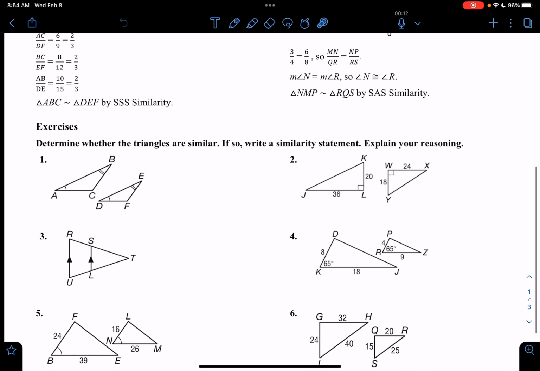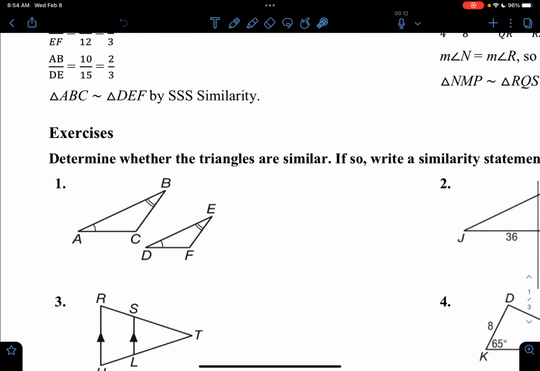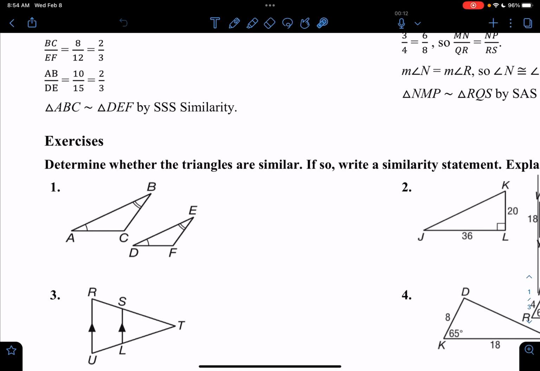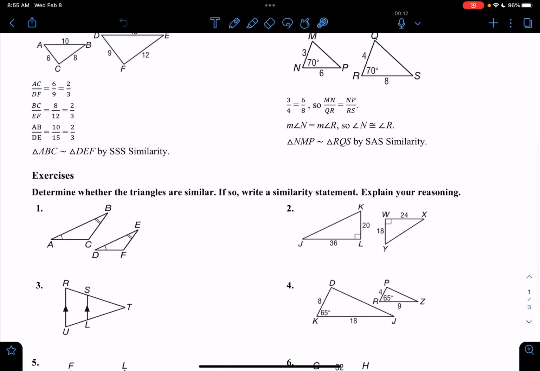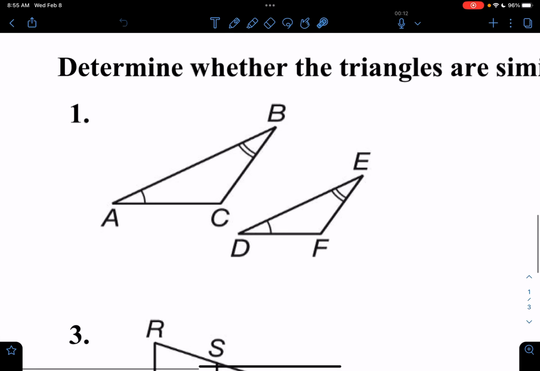When we look at these samples, they're asking us to say whether the triangles are similar or not, and then how we know that they are similar. So we'll look at sample number 1, and are these two similar? Well, let me see. Angle A is congruent to angle D. How do I know? Because of the marking.